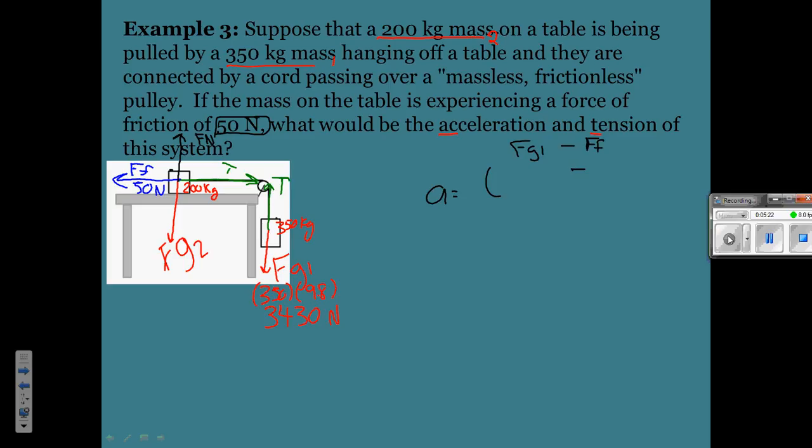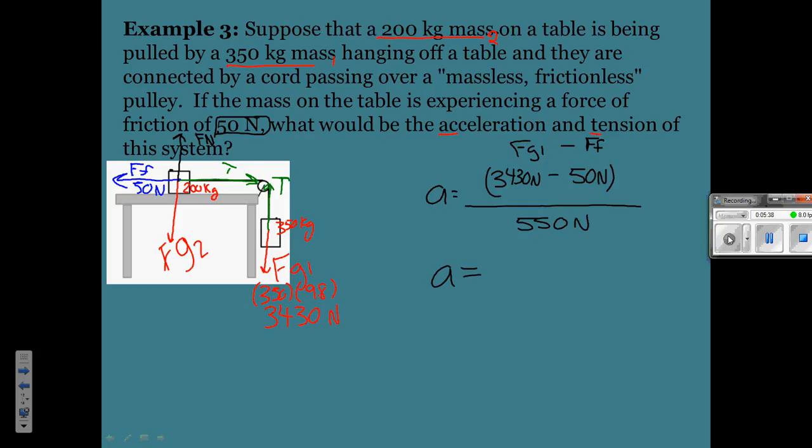And so my F of f is 50 newtons. My F of g I just calculated a few minutes ago was 3,430 newtons. I'm going to divide all of that by the mass of my two boxes, which ends up being 550.